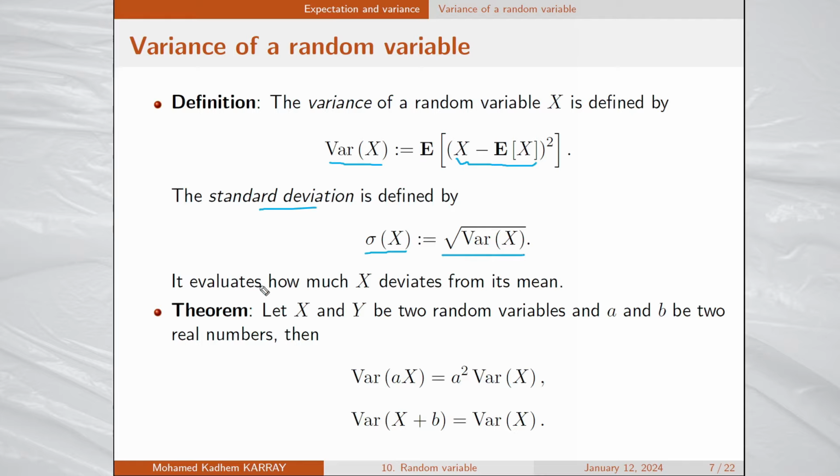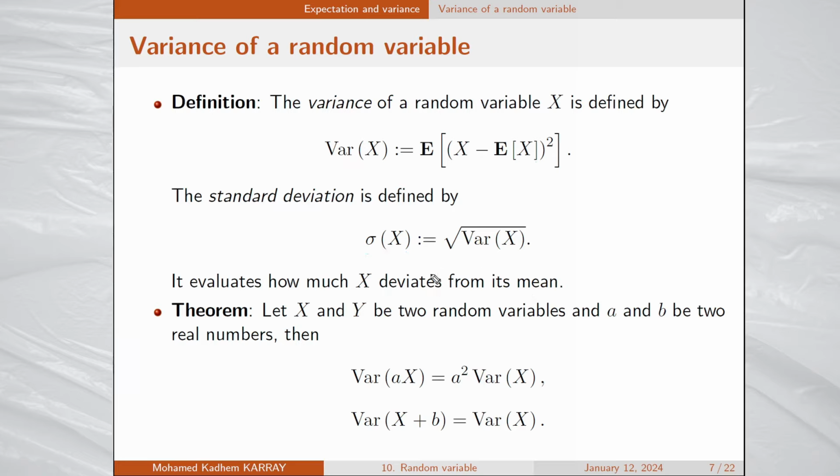This quantity evaluates how much the random variable x deviates from its mean. Keep in mind also that the standard deviation represents how far the random variable is from its mean.